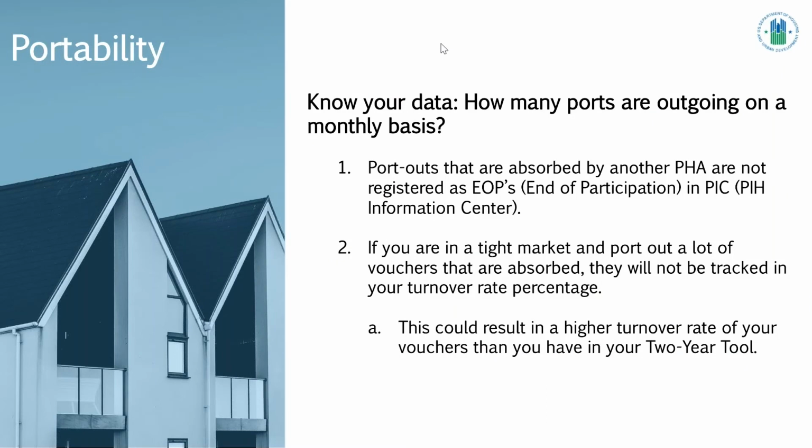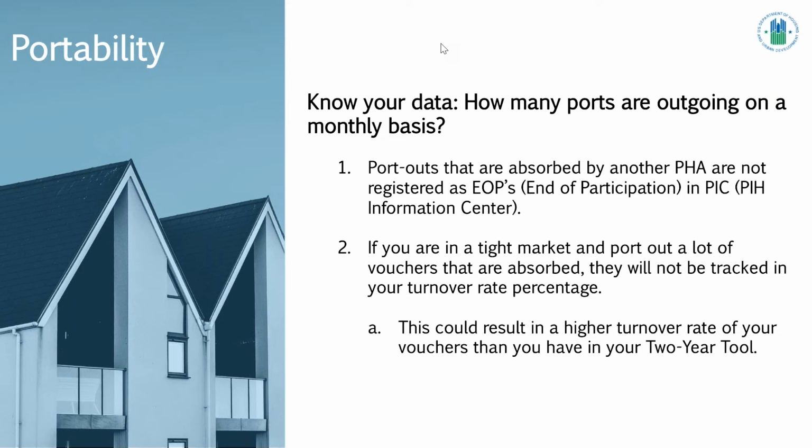Additionally, getting to know the data as it relates to portability. If you have a lot of port outs that are being absorbed by another PHA, it's important to note that a lot of times these ports have 50058 transactions listed as type 5s and not necessarily as type 6s. And so how it relates to the utilization of your program in the 2-year tool is your 2-year tool is reflecting your EOP rates in PIC as opposed to type 5s, which might not actually be reflective of what your current turnover rate is.